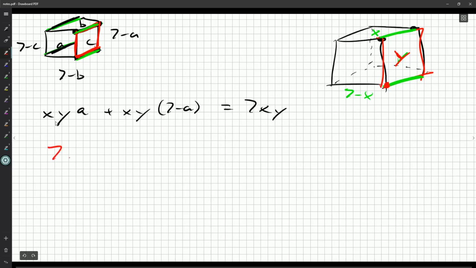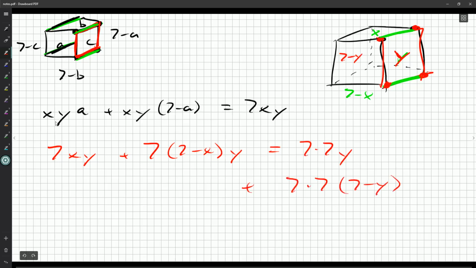Well, we're adding 7xy, and then opposite that is 7 minus xy. And so we'll have 7 times 7y is going to be the sum of the four corner values on the y face, and then opposite that is the 7 minus y face. So the other four corners sum to 7 times 7 minus y, and if we add that up, we get 7, 7, 7, which is why we get the 3, 4, 3.